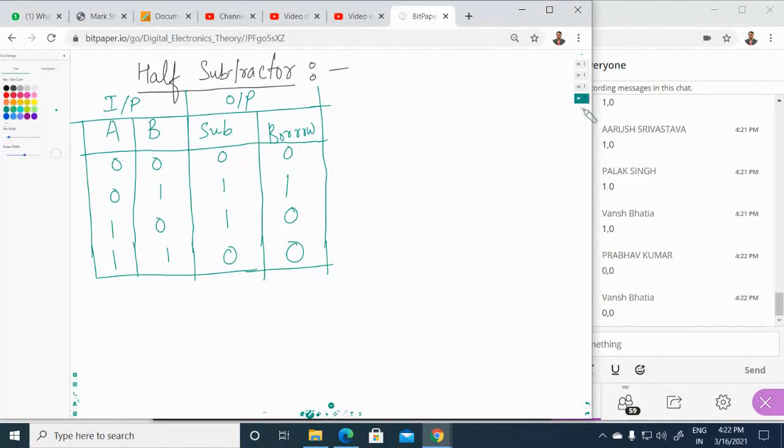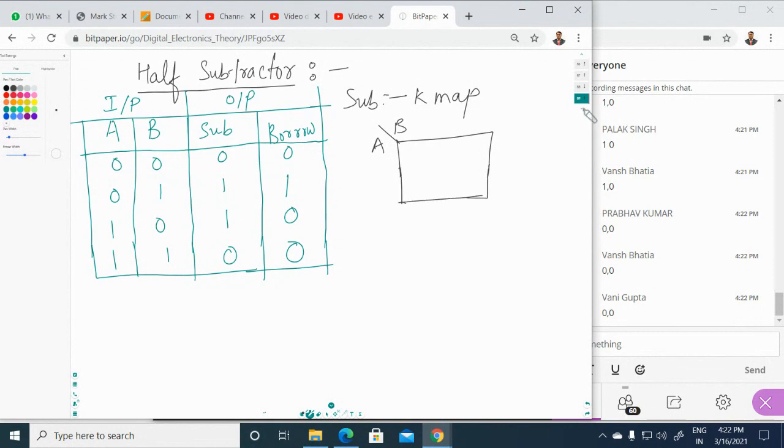Okay. Now, next step is to design a K-map. For subtraction, you have to design a K-map. For the K-map, you have two variables. What are those two variables? A and B. So for the two variables, what are the possible combinations right here? Either it is a 0 or 1.